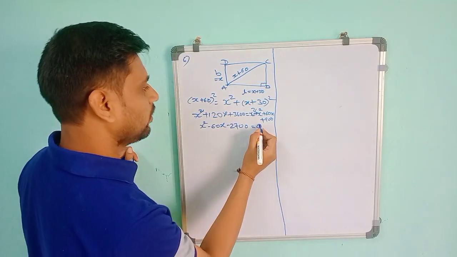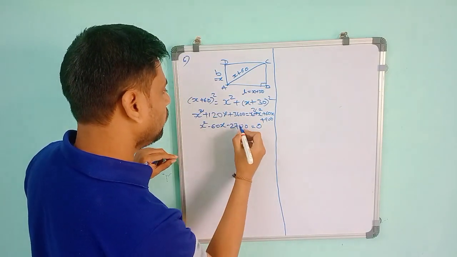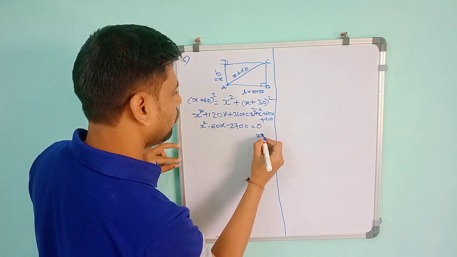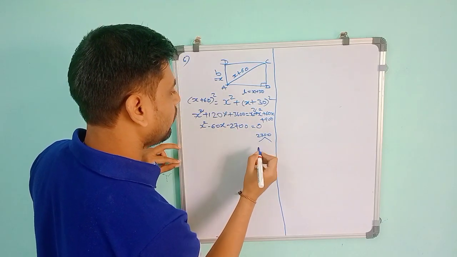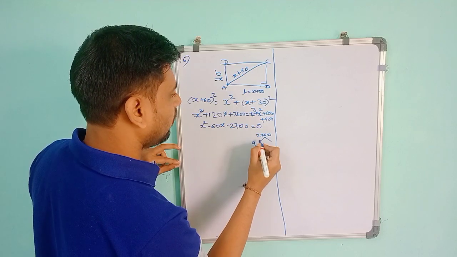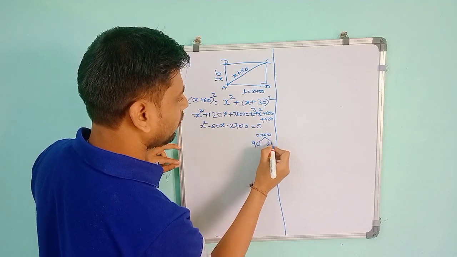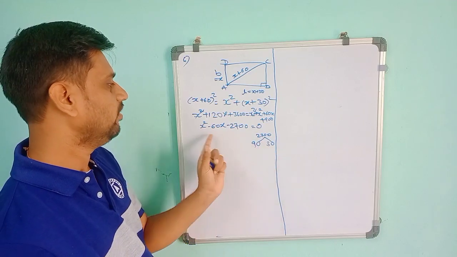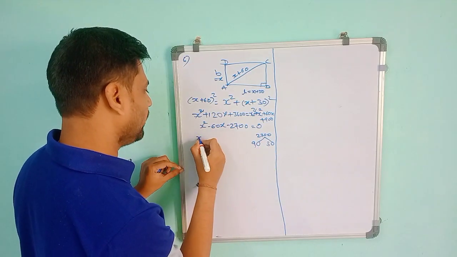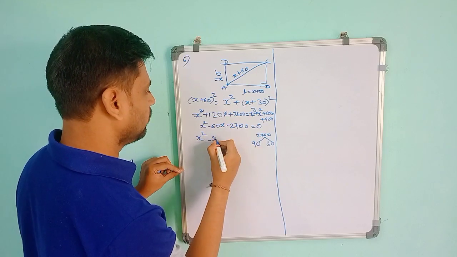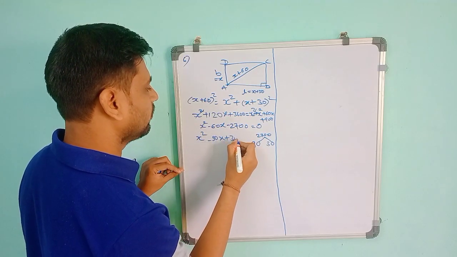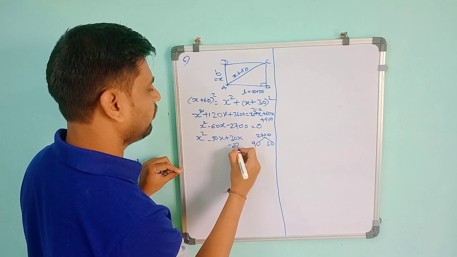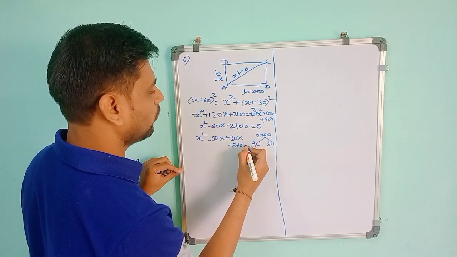Then you have to take the roots for this one. 2700 can be split as 90 into 30. So 90 into 30 is 2700, and the difference of 90 and 30 is 60. So x square minus 90x plus 30x minus 2700 is equal to 0.